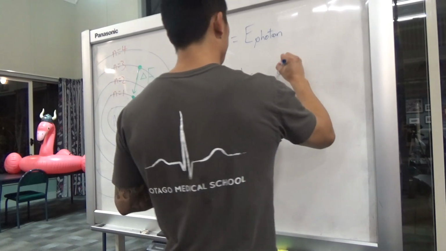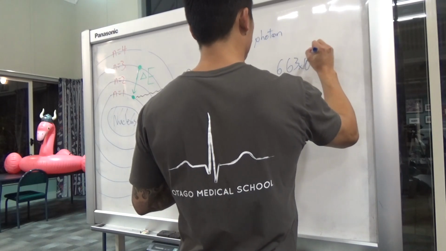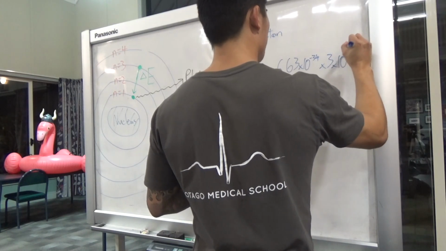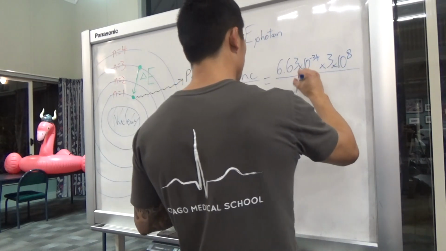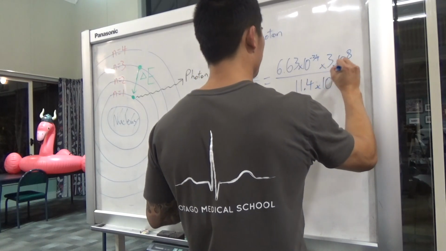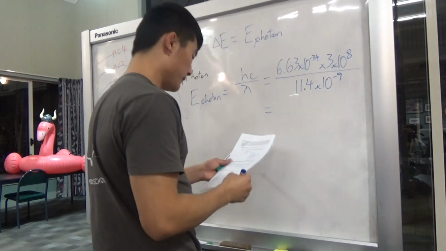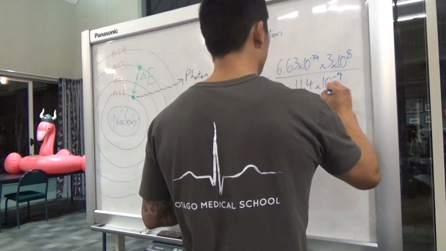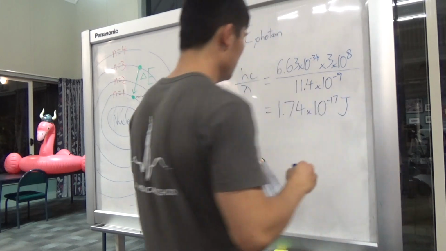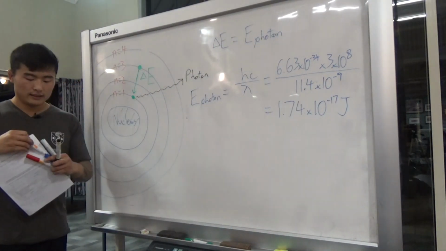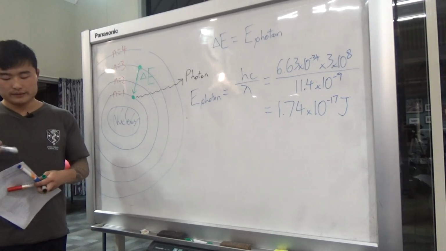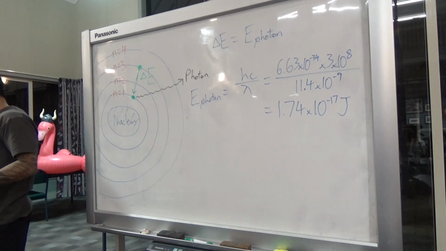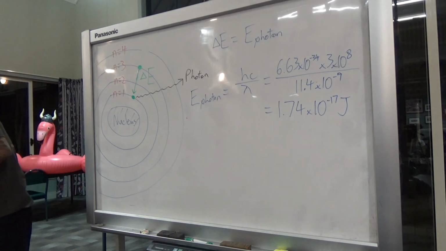Okay, so 6.63 times 10 to the negative 34 times our speed of light, which is 3 times 10 to the 8, divided by our wavelength, which was 11.4 times 10 to the negative 9. Okay, and that will give you 1.74 times 10 to the negative 17 joules. Okay, and then you could also use the momentum to calculate your energy.